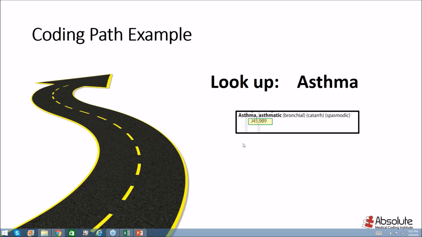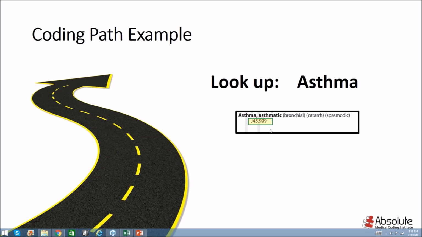Give me a minute, please. Okay, this is how I want to say it. All right, so this J45.909 is our reference code, and this is the path that we have to follow.